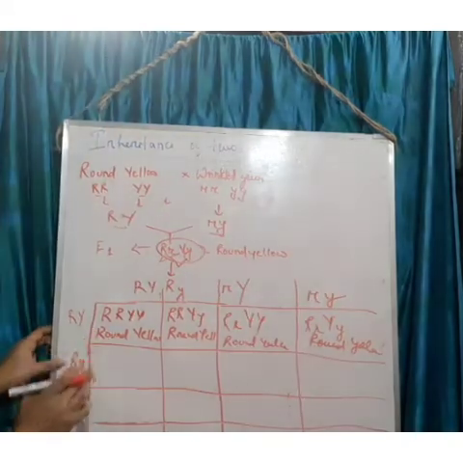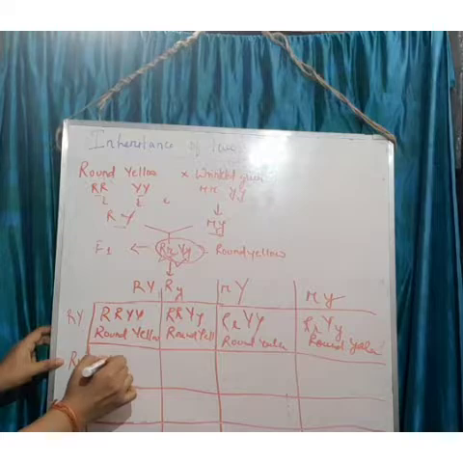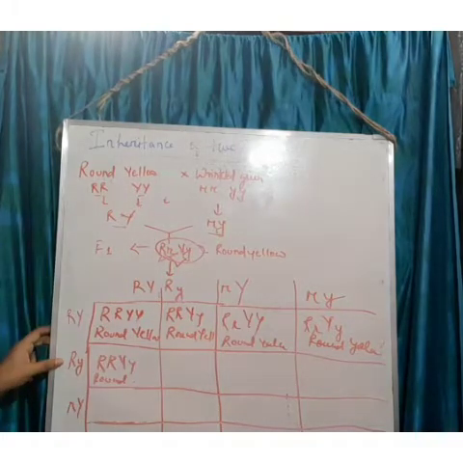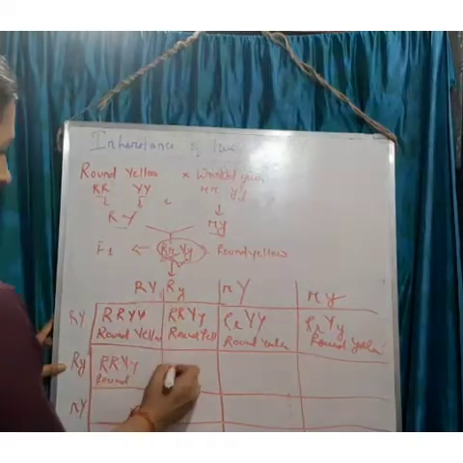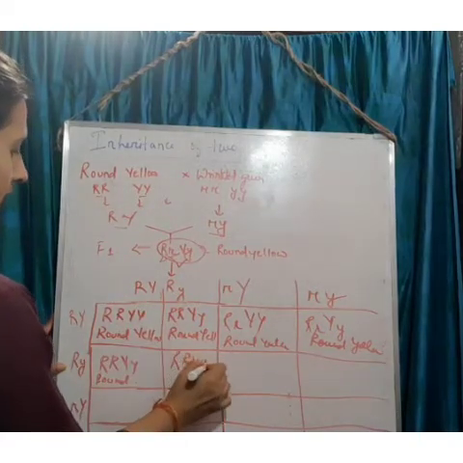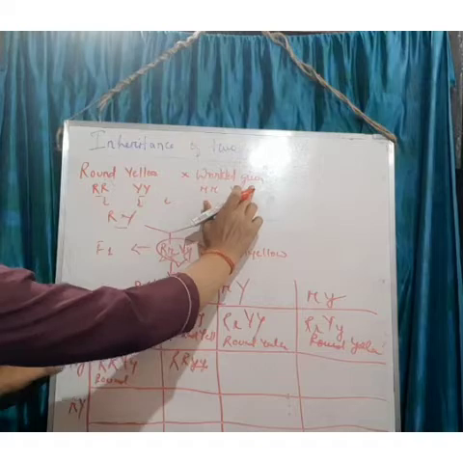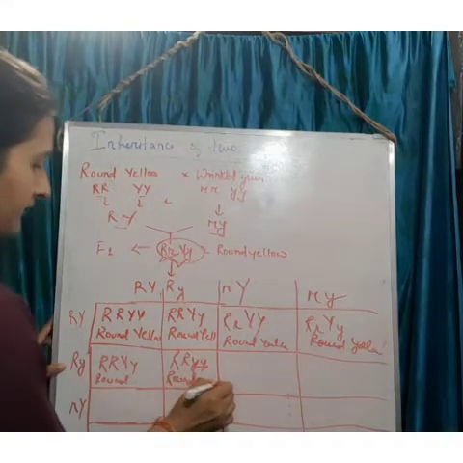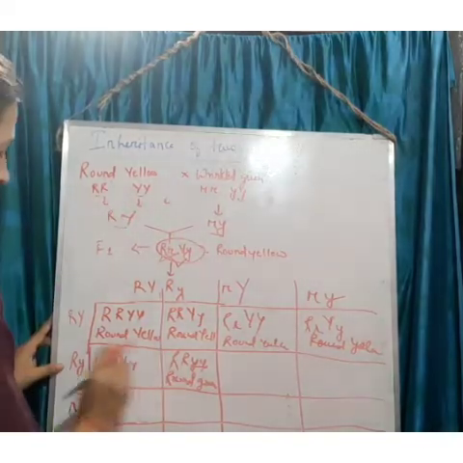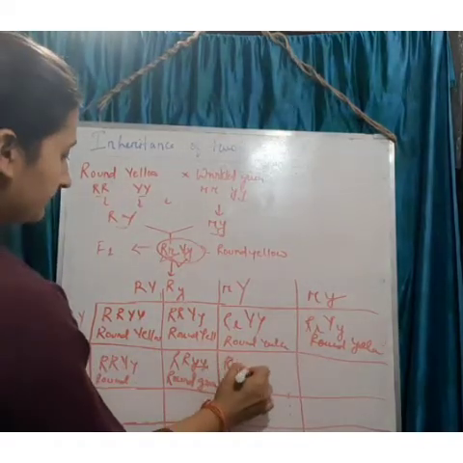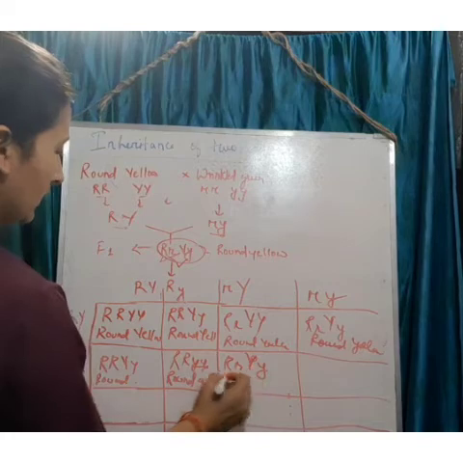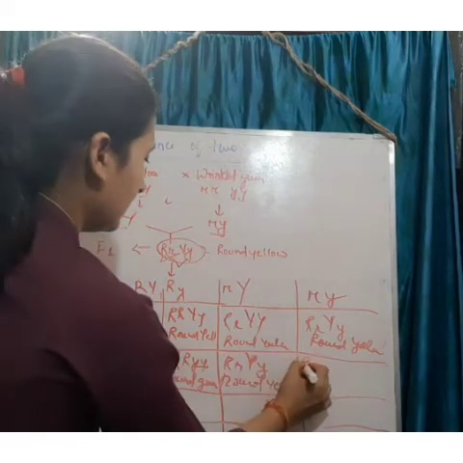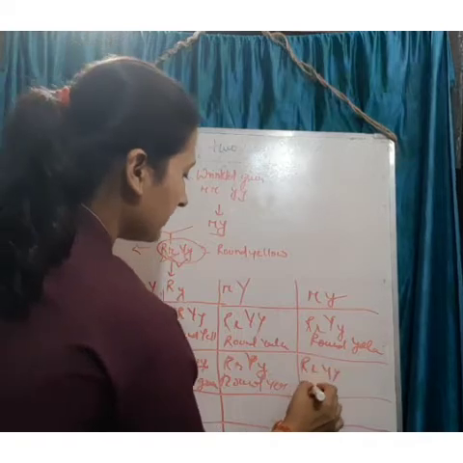Then here you see the second one is again round yellow. I hope you all can follow me. Then comes, here you see this both small letter, it means it is green, right? But the shape is dominant, so round green. So this is something different. Then comes again round yellow. Then round green.